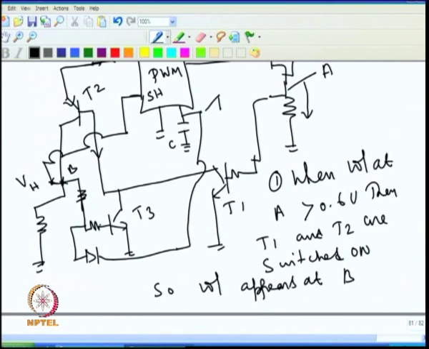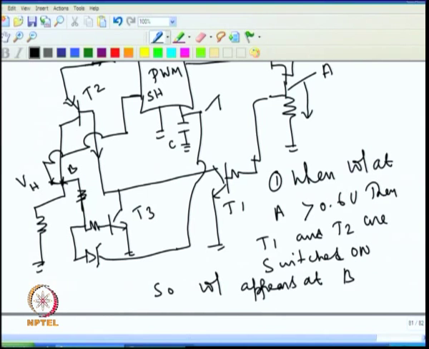A small resistance can be added, so that this is 0, this is 0.6, definitely this is not 0.6, and the transistor will not conduct. And also we can use a Schottky diode such that the voltage drop across this is small. By using a Schottky diode we can improve the performance of this.